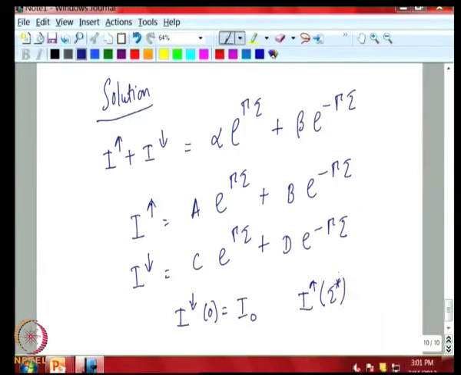So, we have a layer with tau equals 0, tau equals tau star, and this is the incoming radiation, and this surface is perfectly non-reflecting. So, the upward intensity of the bottom surface is 0.